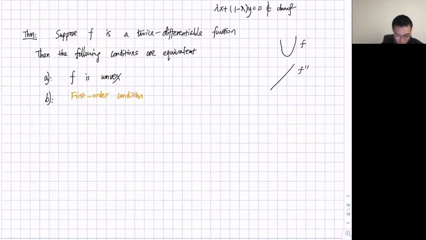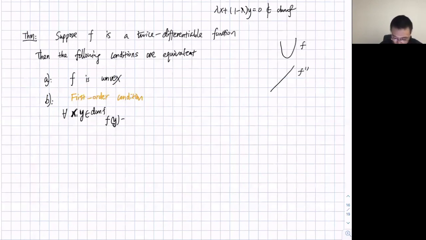First order condition says for any x and y in my domain of f, so x and y are vectors, f of y is greater than or equal to f of x. So they are all scalars because the function f is a real function.